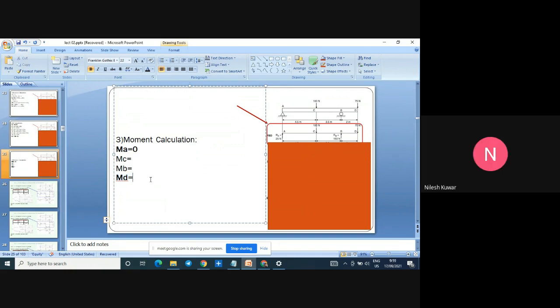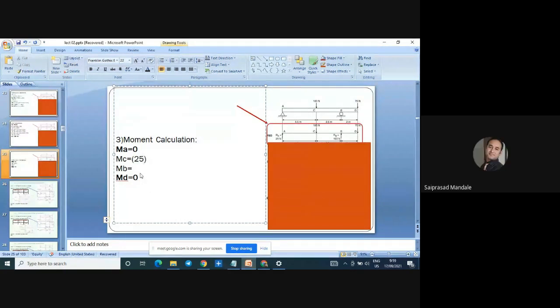Sahil Dangi? 0. Very good, Nilesh. It is D. Nilesh, can you tell me the moment at C? Somebody else? Sahil Dangi? 25 into 4.5.